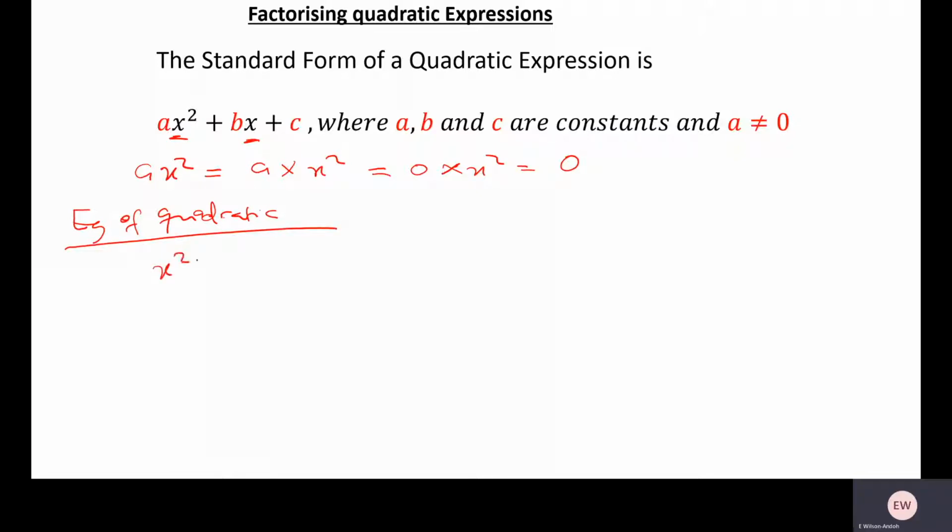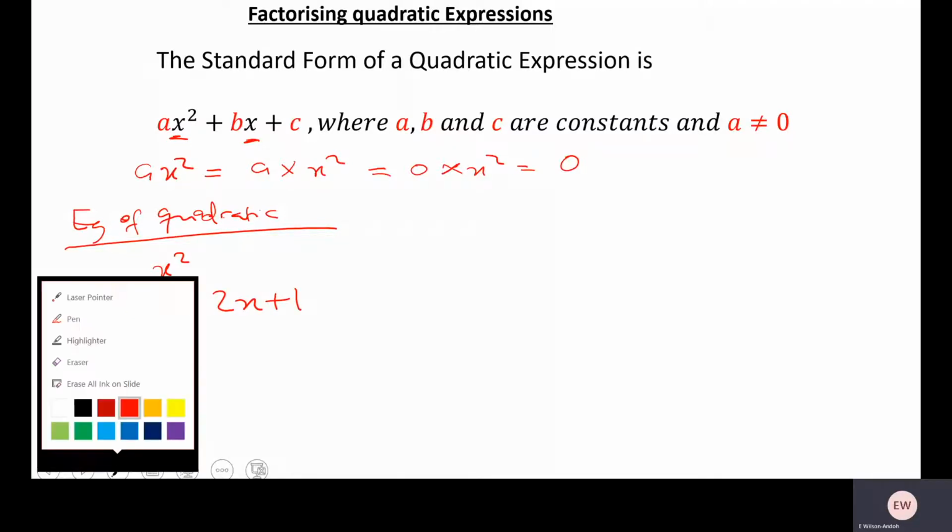Examples of quadratic expressions: we can have x squared. In this case, the expression has one term, and it tells us that b and c are 0. So b and c can be 0, but a cannot be 0, because the coefficient of x squared is 1. So a is equal to 1 in this example. We can also have m squared plus 2m plus 1.